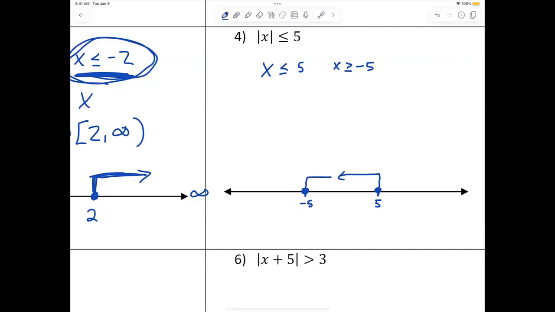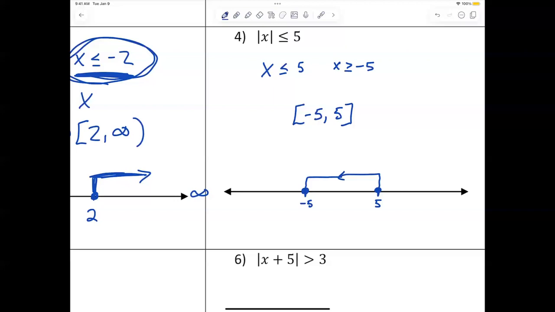Greater than or equal to -5. So that just means what? -5 to 5. That's it. All right, obviously, those are the 4 cases that deal with all the inequality possibilities.